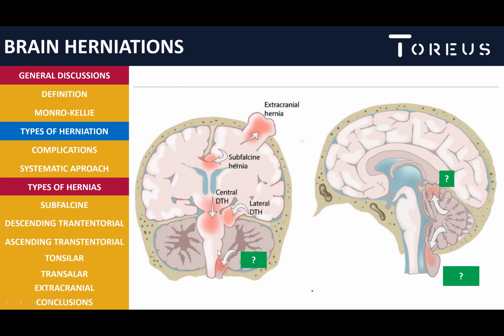We have another hernia here that is called the tonsillar hernia, because the tonsil of the cerebellum will go all the way down to this foramen that is called foramen magnum. This hernia here is called the ascending transtentorial hernia, because part of the cerebellum will go all the way up and pass through this structure that is called the tentorium of the cerebellum.